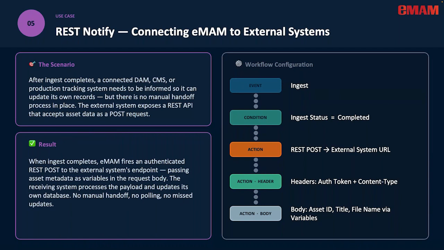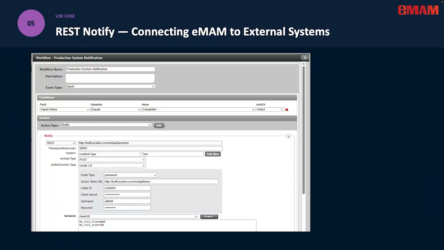The body has the asset ID, the title, the name; that's all metadata information stored inside of the eMAM system. So we're passing this onto an external URL or system that's going to then use that information to process whatever it's scheduled or asked to do.